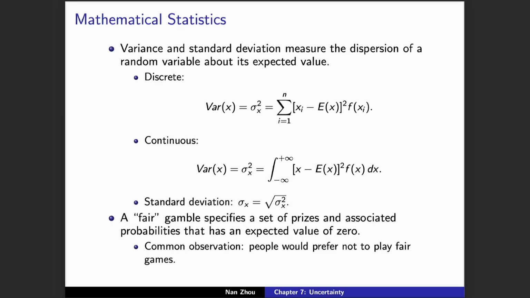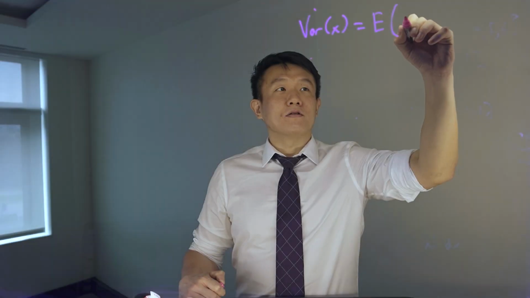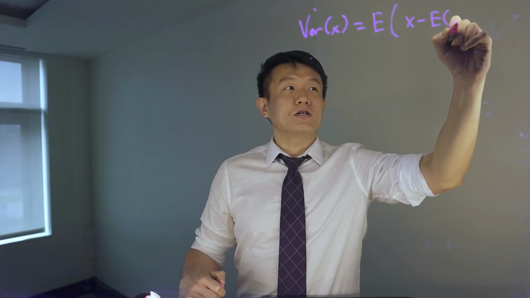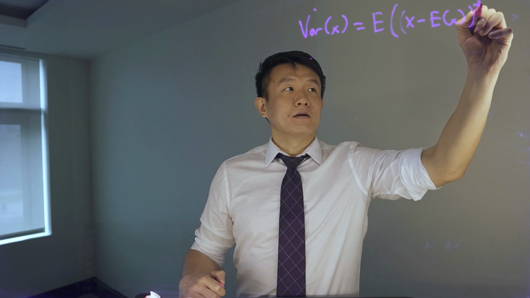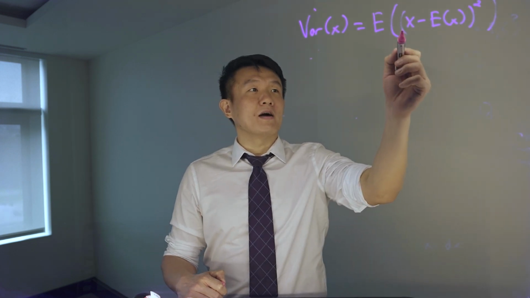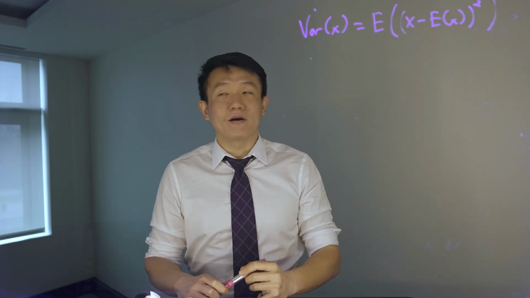The variance of a random variable is going to tell us how spread out the values are. So we can define the variance of a random variable as the expected value of the squared deviation from its mean. So the expected value of x minus the expected value of x, squared.